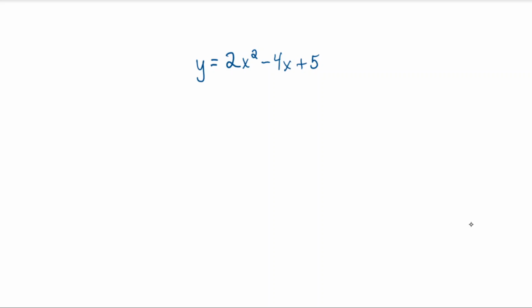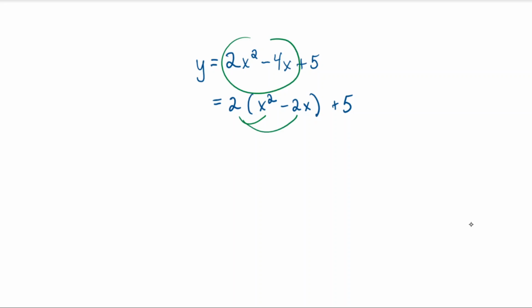So what we're going to do first is bring this 2 out front. So we get x squared minus 2x, then plus 5. If you FOIL this out, you'll get this again, and then plus the 5.